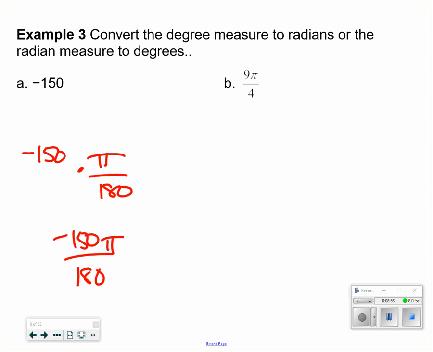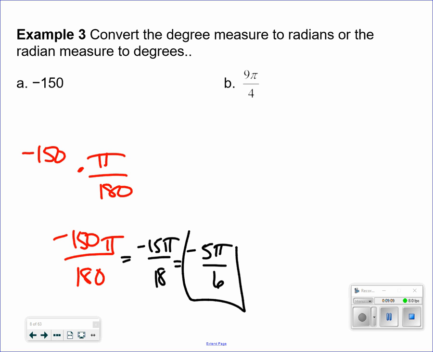You're always going to reduce your fraction. So I know this reduces to negative 15 pi over 18 because they both divide by 10, and then they both divide by 3. So negative 150 degrees is the same as negative 5 pi over 6 in radians.